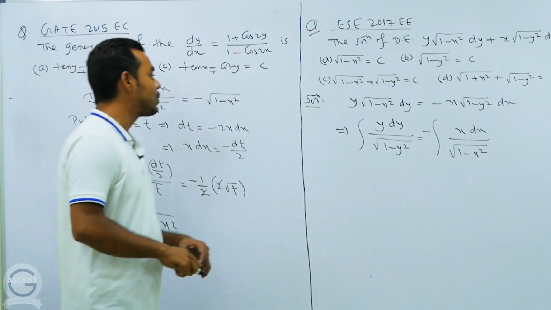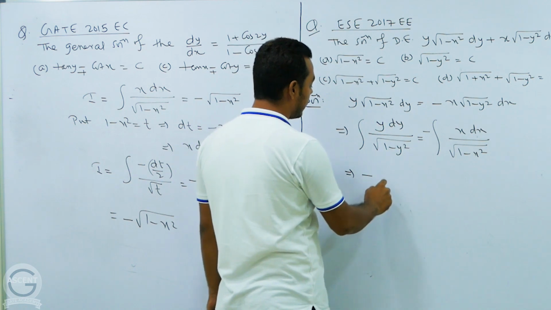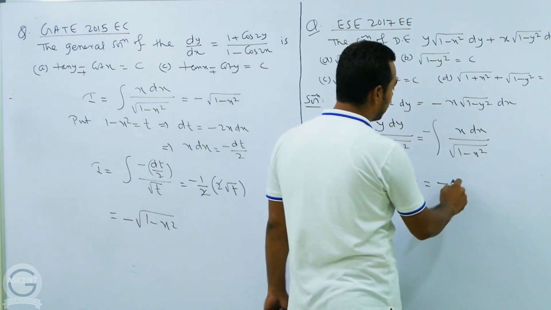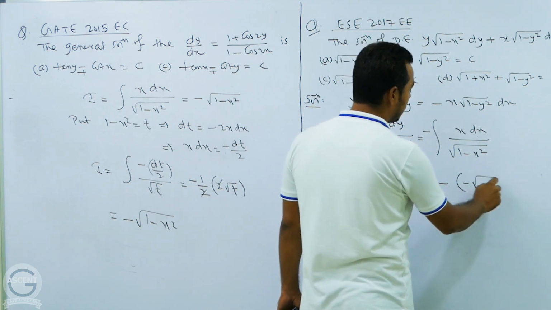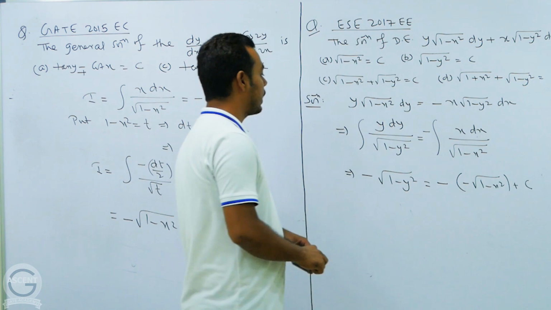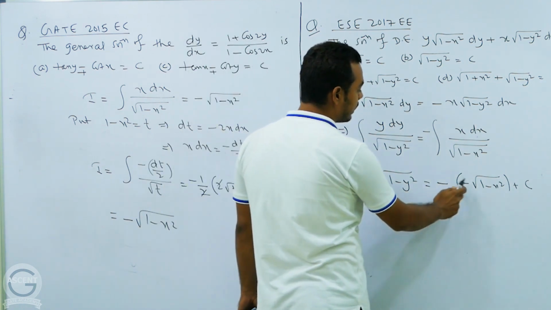So now you can see what should be the value of this first integral. This will be nothing but minus root over 1 minus y square, and from here you will get minus root over 1 minus x square plus c. Now if you want to rearrange this relation, you can write this as minus minus plus.